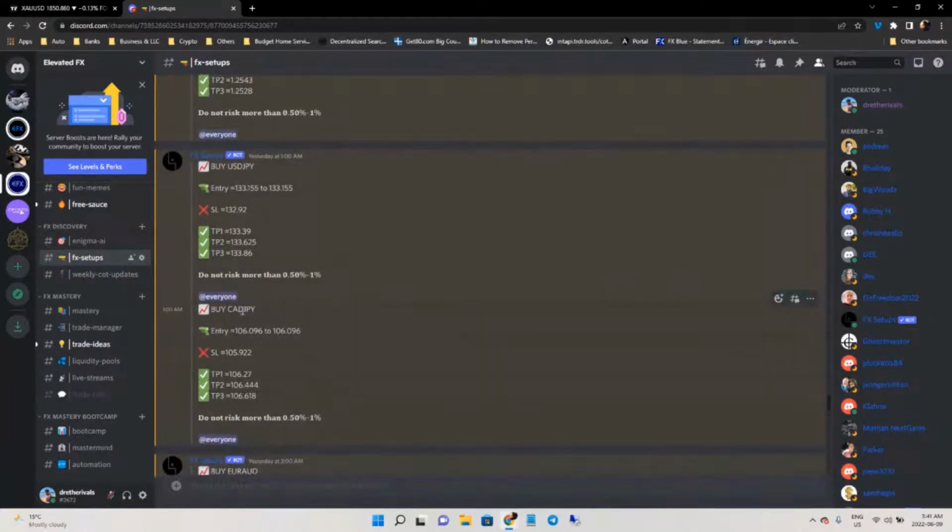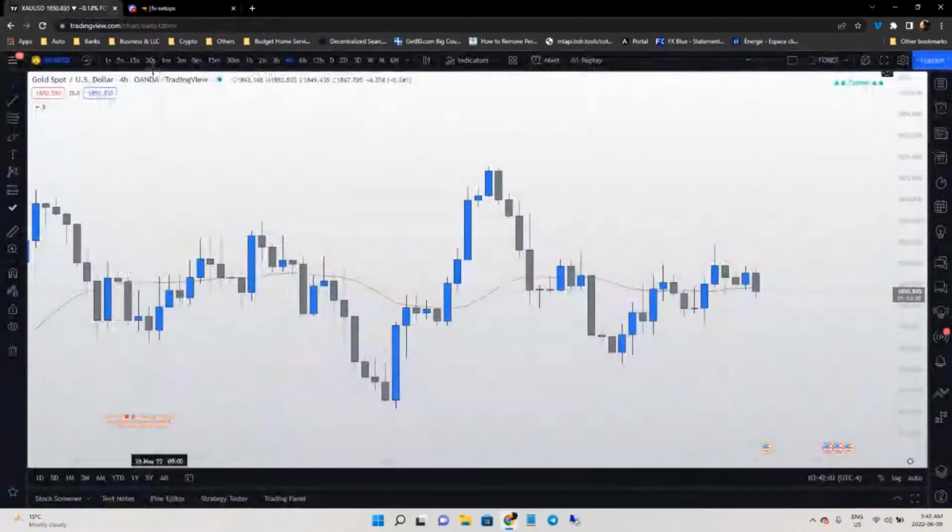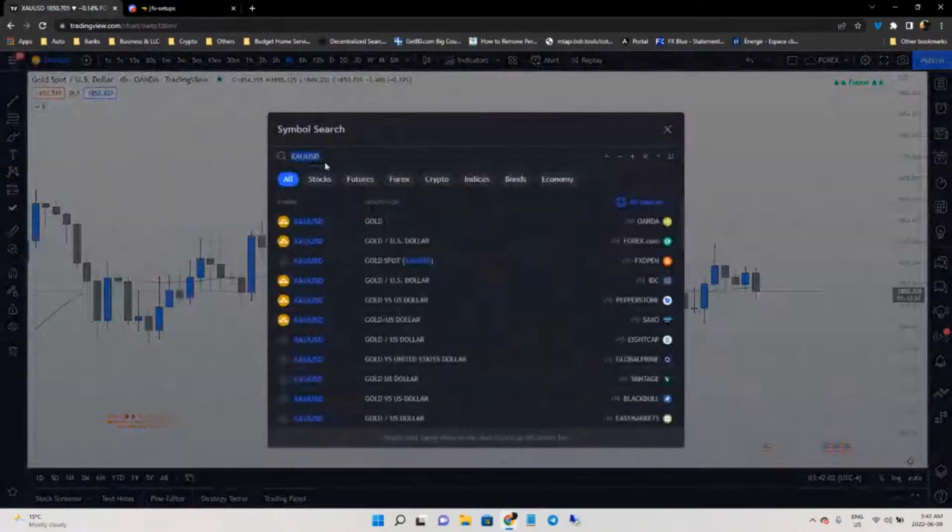So you had CAD JPY for buy and USDJPY for buy. That was at 1 a.m. yesterday, the 8th. So let's look at USDJPY.